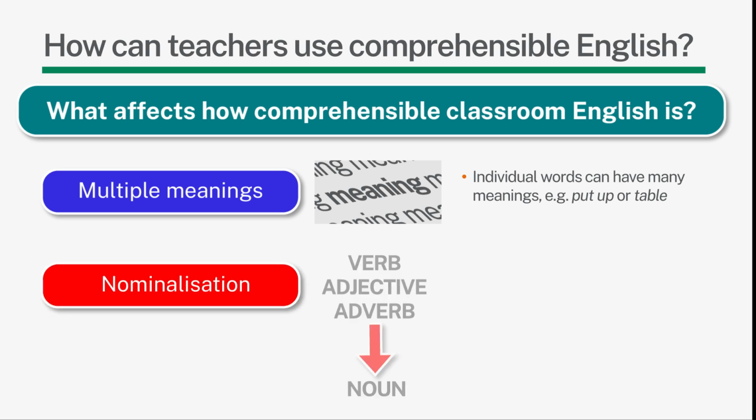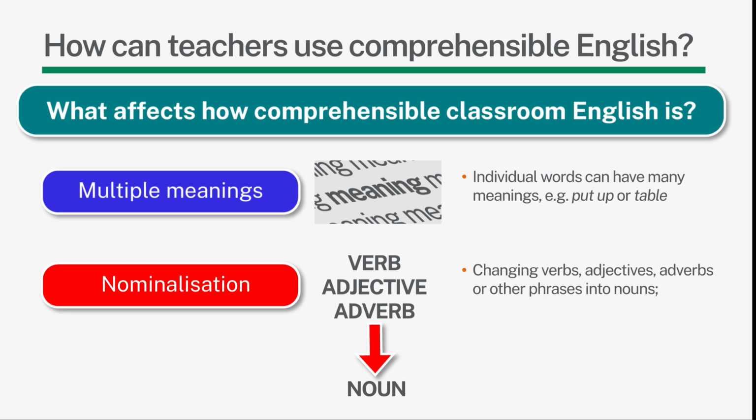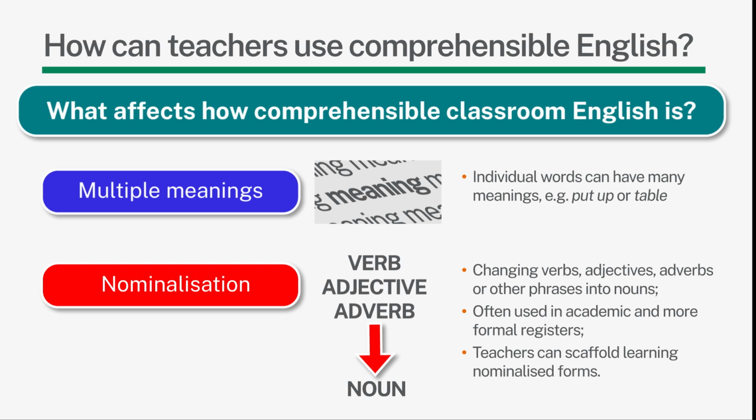Nominalization. As texts become more academic, speakers and writers increasingly use nominalization, where they turn a verb or a phrase into a noun. For example, make clear becomes clarification, or evaporated becomes evaporation. Teachers can scaffold how they introduce learners to new vocabulary in the form of nominalization by using the concept in a narrative form first.